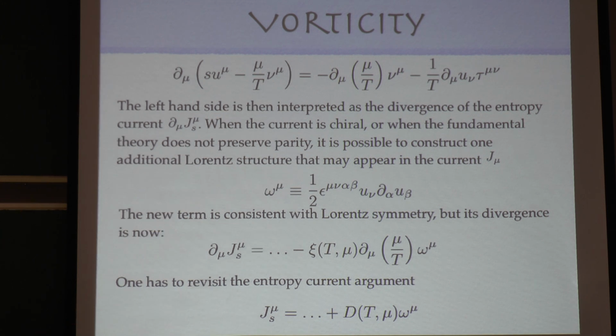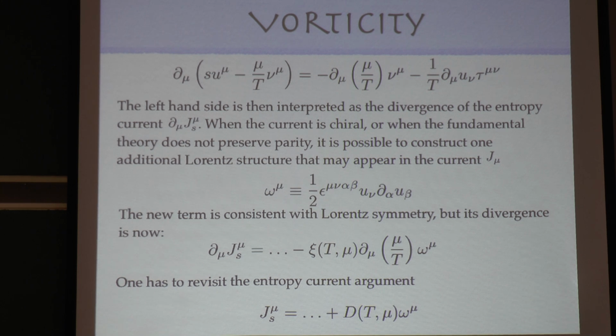Having that, we can ask what happens if we add terms that break parity. One of the possible terms in relativistic fluids is the generalization of vorticity, given here in this form. In principle, if we add it here, then because of the Levi-Civita symbol, the second law of thermodynamics might potentially be violated.